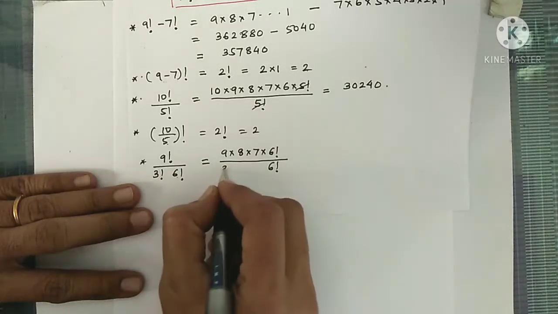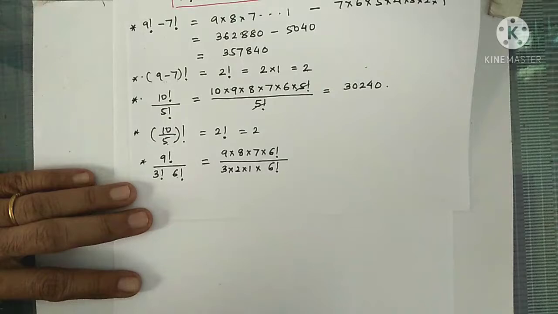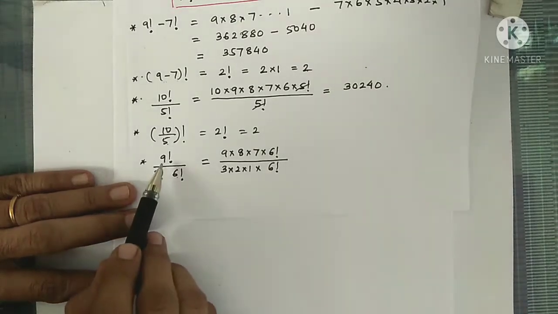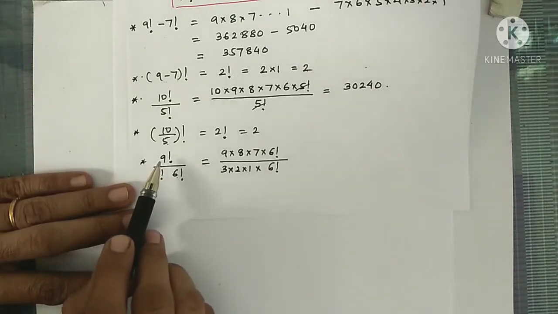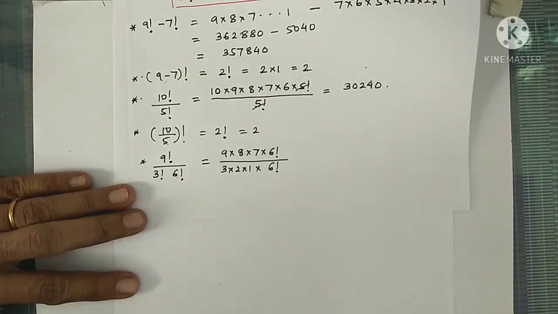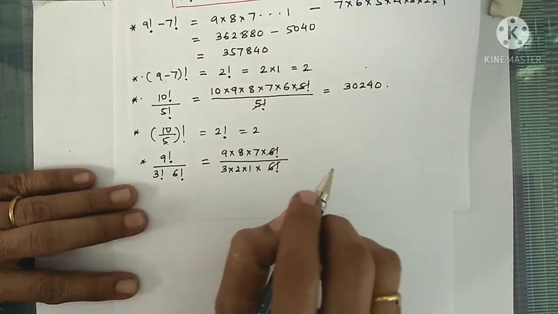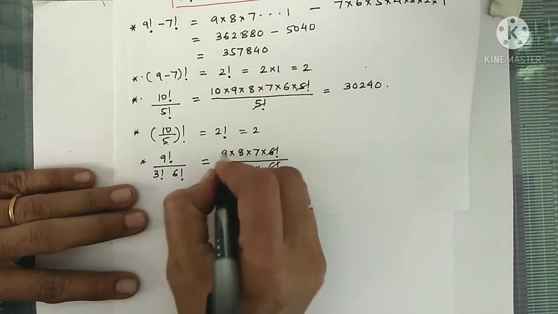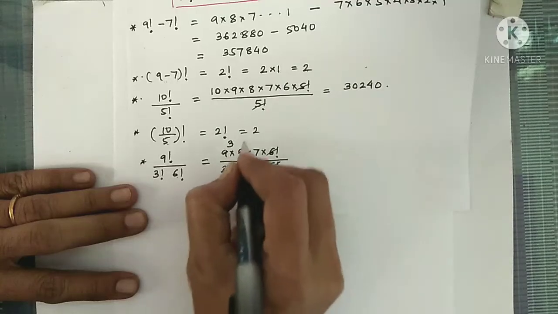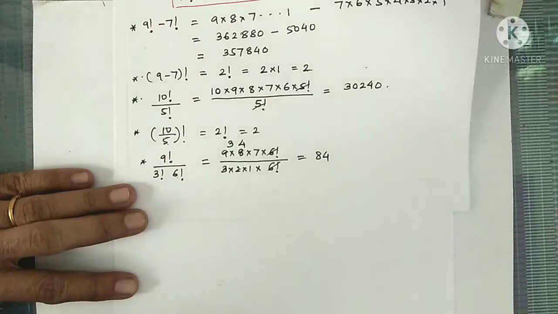So let's write 3 factorial. The meaning of 3 factorial is 3 to 1. Okay, we have to find the largest number and write its factorial such that the product goes up to the smaller number, so that we can cancel it. So this 6 factorial gets cancelled. And dividing this, 3 3s are 9, 2 4s are 8. So this is 12 into 7, that is 84.